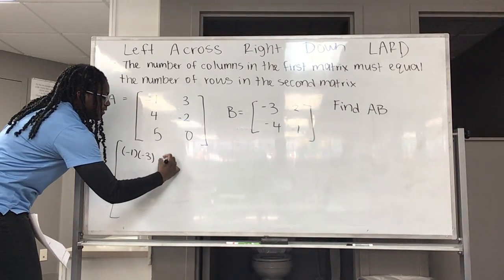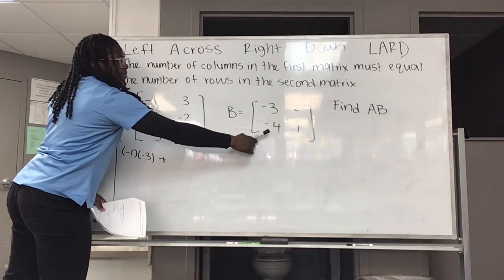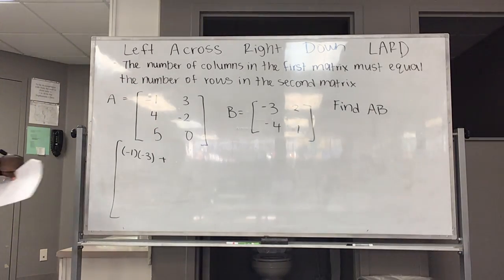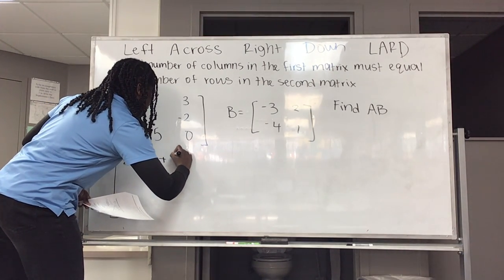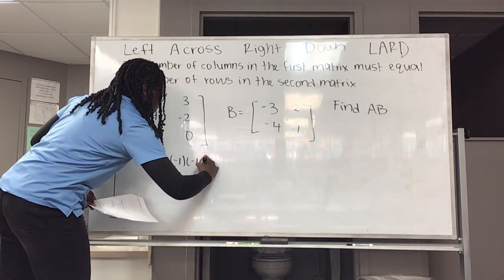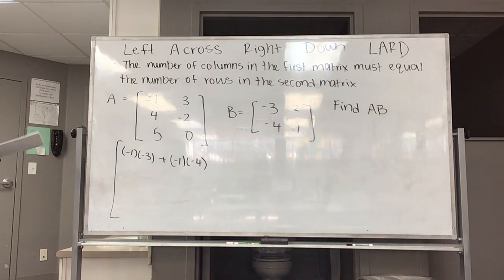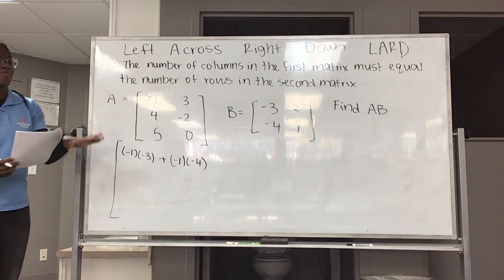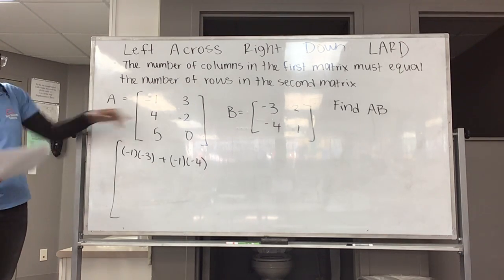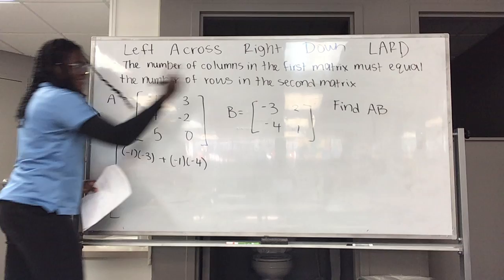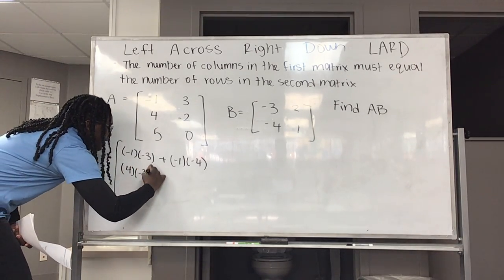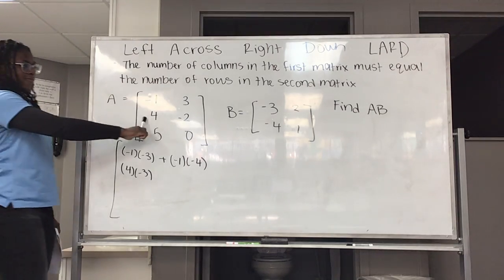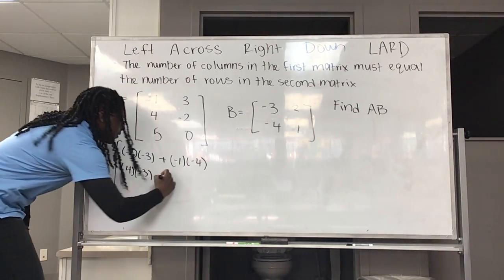We also have to do -1 times -4. Okay. Then my second number that's on the left is 4. So I'm going to do 4 times -3. That's me going across. And then also 4 times -4.